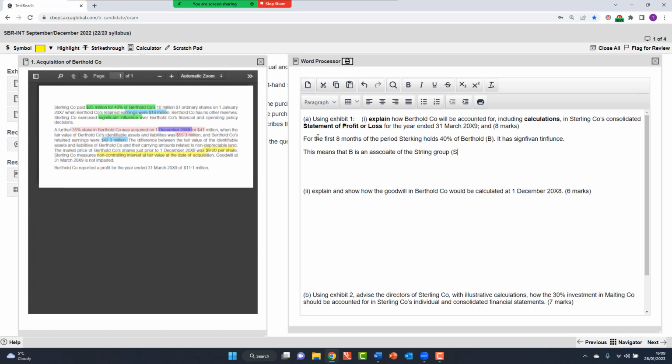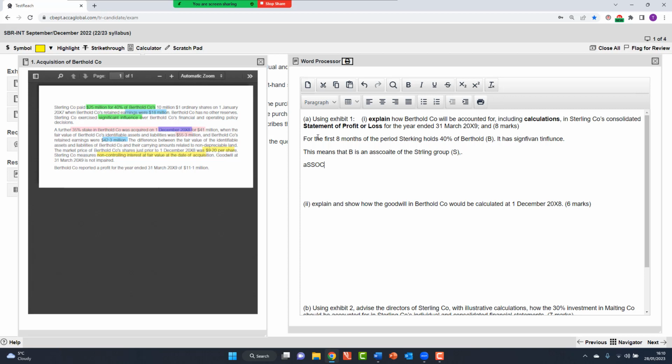And if we want to shorten that in future, we can say S. Associates are equity accounted in the group P&L, because that's what we're answering, isn't it?